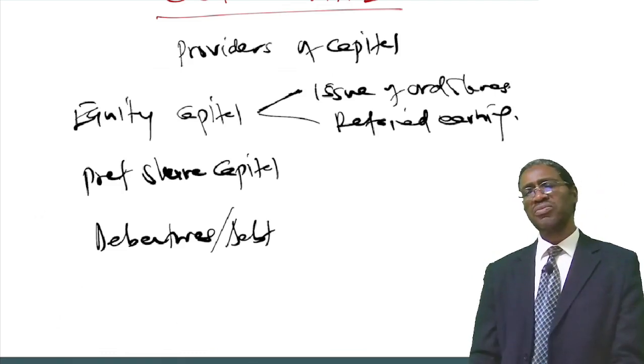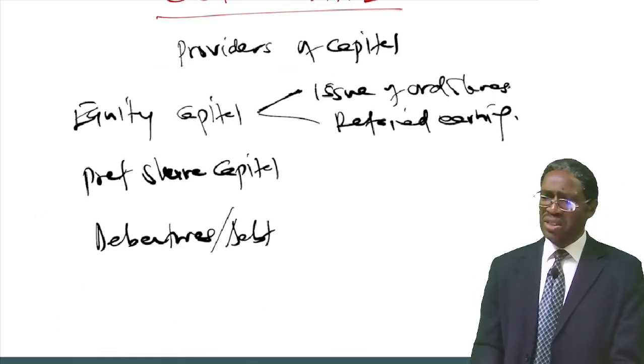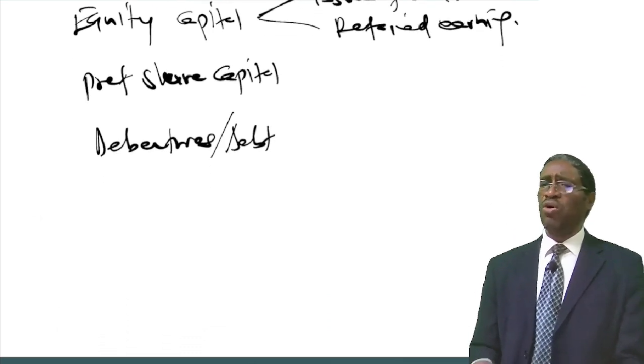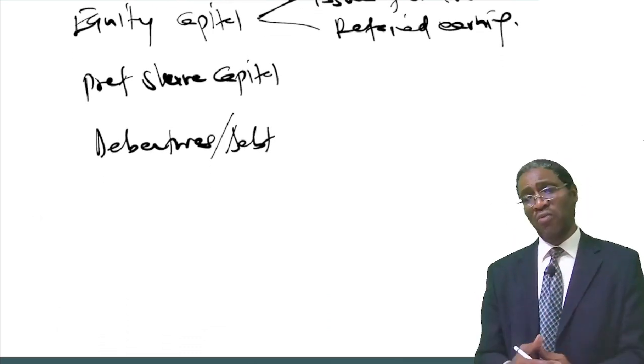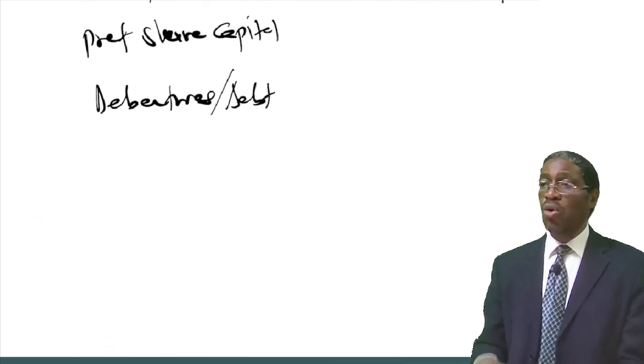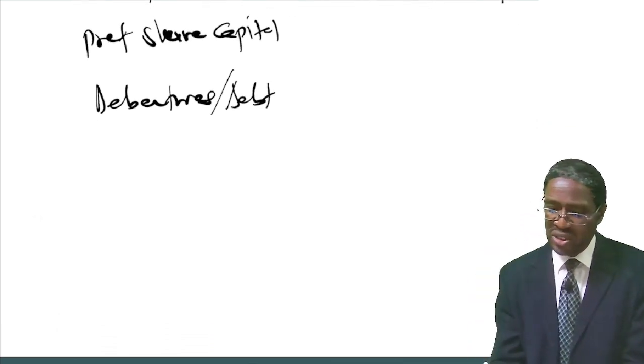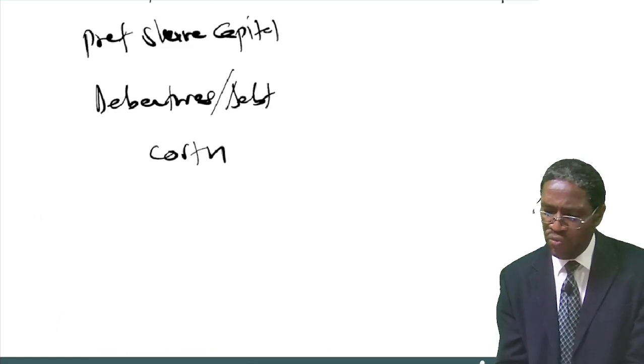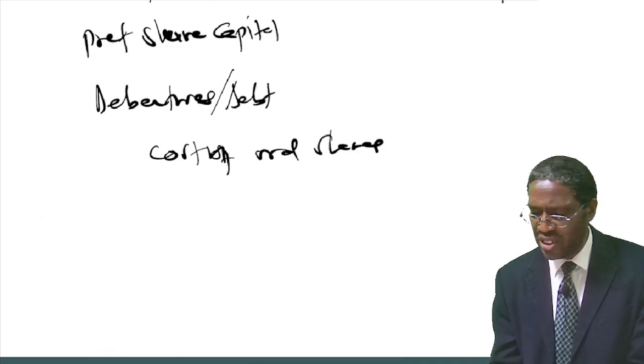Good. Let's discuss how we compute the cost of each component of capital. We can start with the cost of ordinary shares. How do we calculate the cost of ordinary shares?